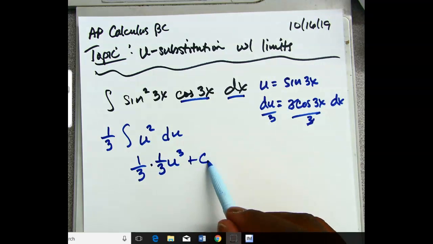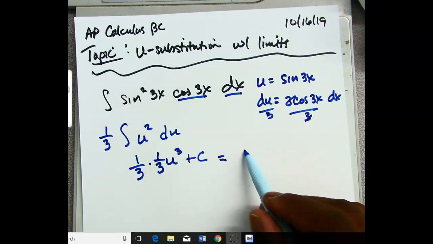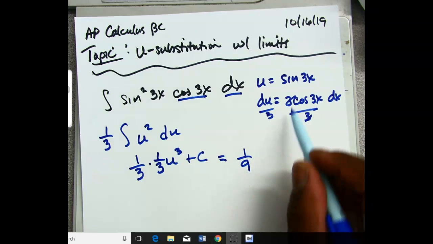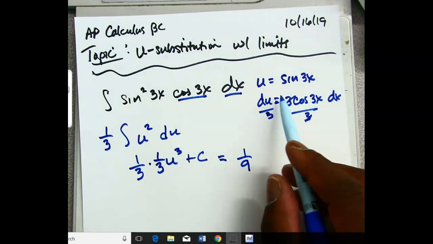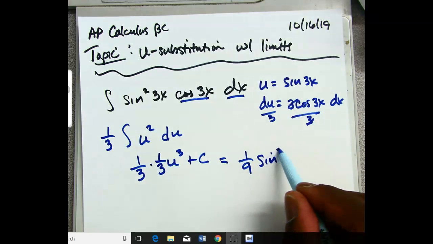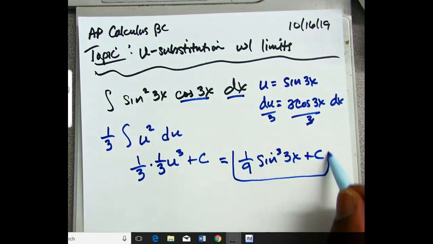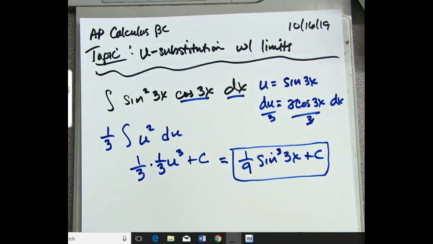And remember our plus c. So that's 1 over 9. Now we can back substitute. U we initially set as sine of 3x. So that's sine cubed of 3x, and then plus c. So there's our solution.